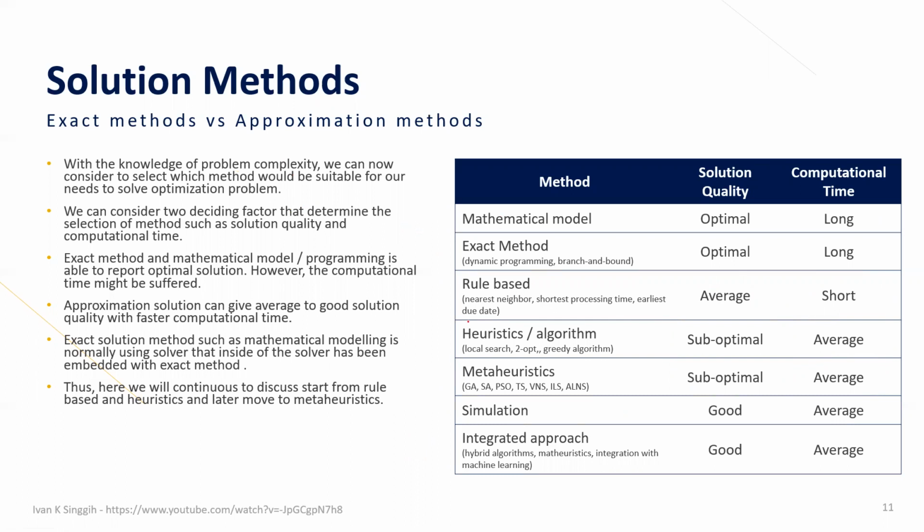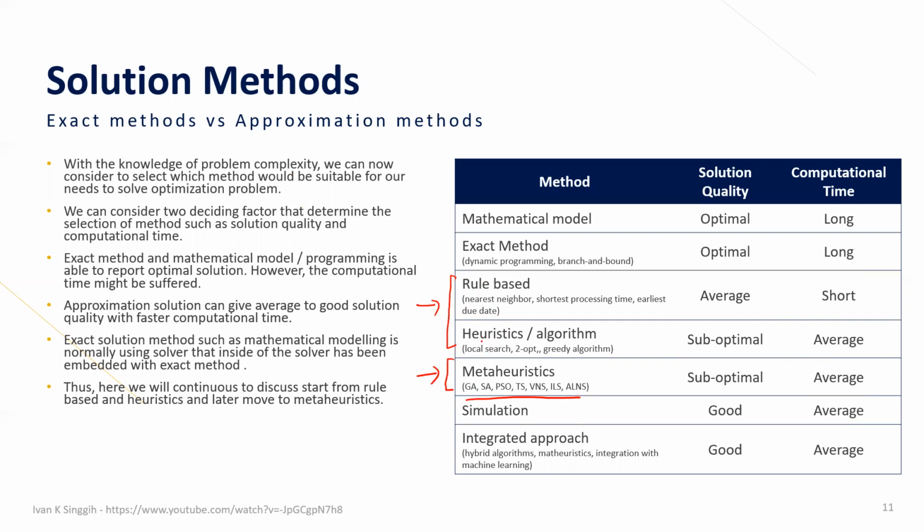People started to embrace that and came up with ways to make these heuristics able to get a better result. So it is somehow an improvement, we can call it, over the rule-based and heuristics.